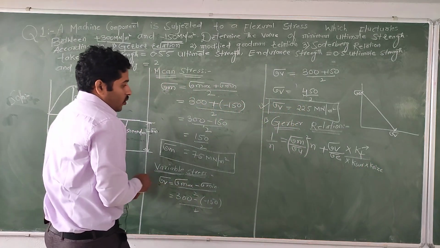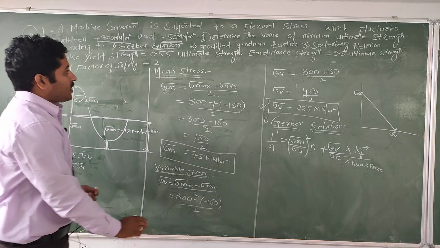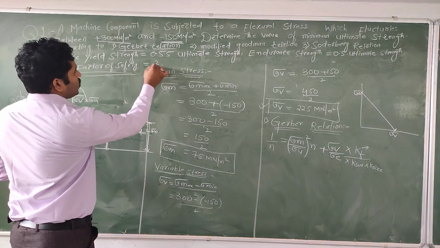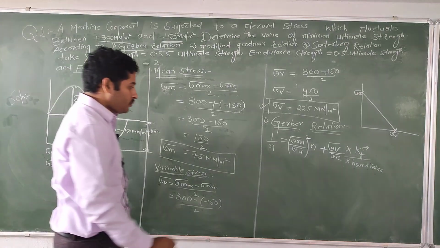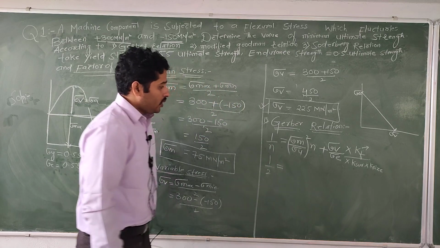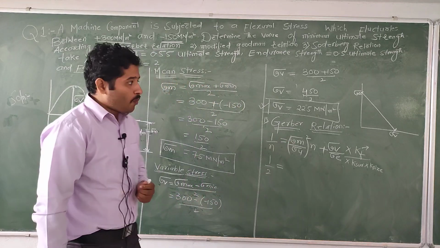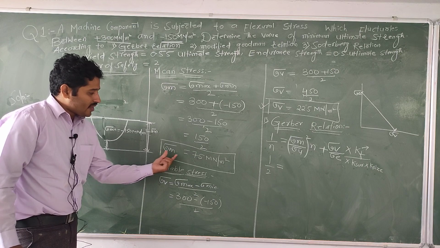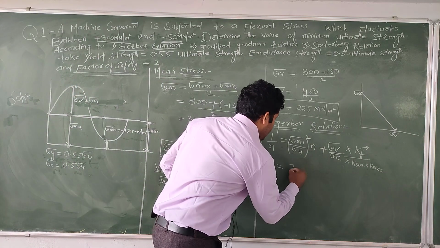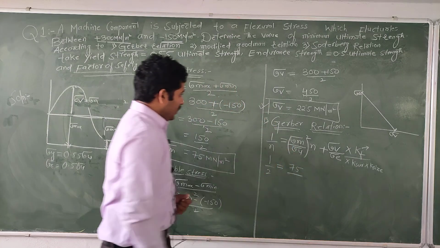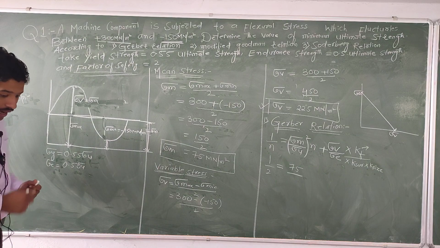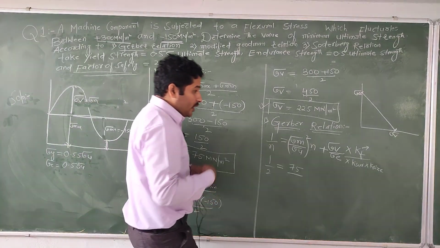Then 1 by n, how much is given here? The factor of safety is given as 2. Then we can take 1 by 2 equal to sigma m, the mean stress. We got the mean stress as 75 mega Newton per meter square. Then we represent 75 and the ultimate stress, which we don't know, we need to find out.